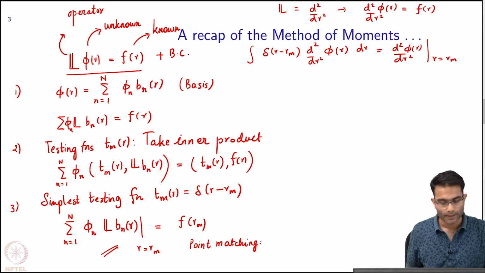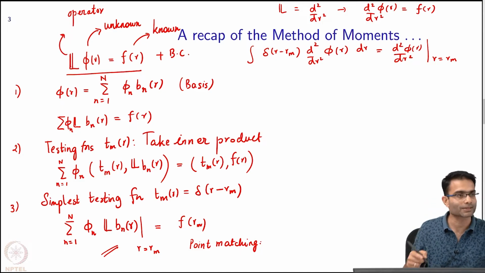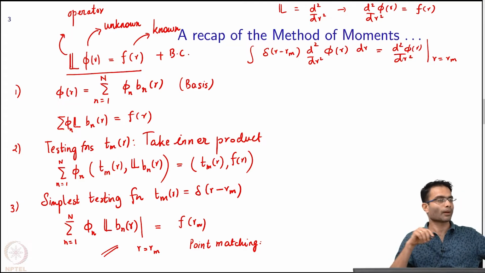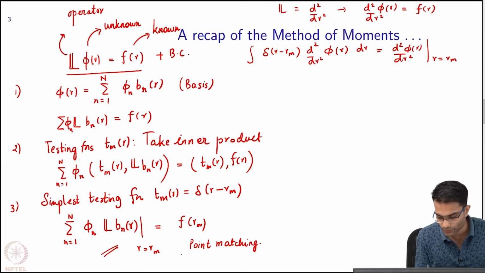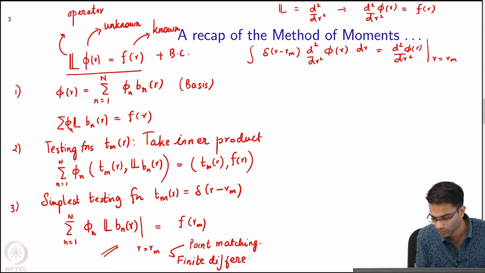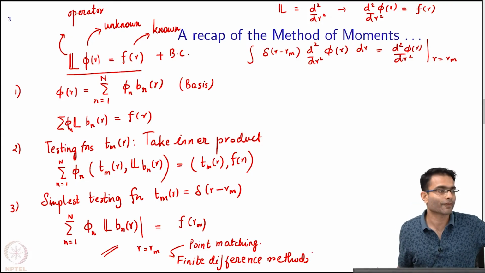Okay. You could stop at this point, and this gives rise to a popular set of approximate methods which are called finite difference methods. So, what do I mean by finite difference methods?